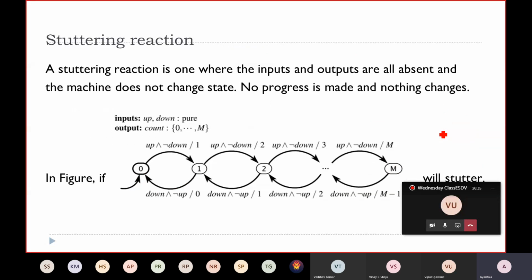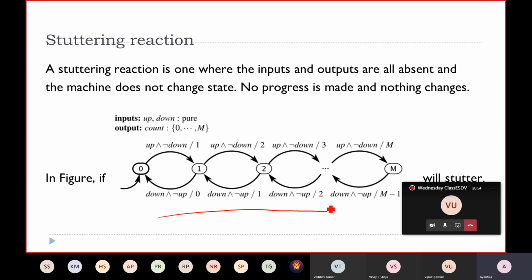Next, this one, maybe we have discussed a bit last year. Remember when we were discussing these examples, someone asked what will happen if not up, not down. That part is not considered in these state transition conditions.